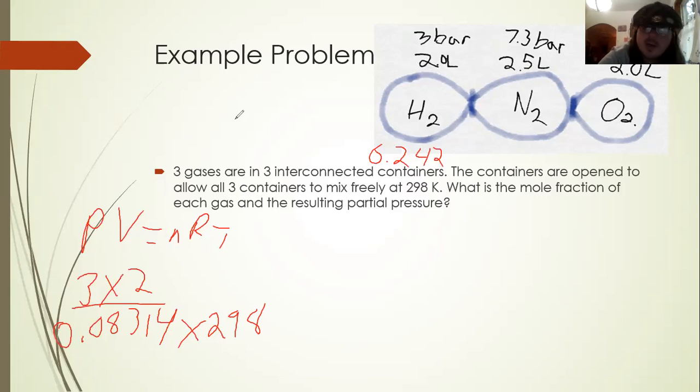Second one, same equation, different pressures and volumes. Higher pressure, but bigger volume. Let's see. Oh, shoot, I screwed that one up. 7.3 times 2.5.